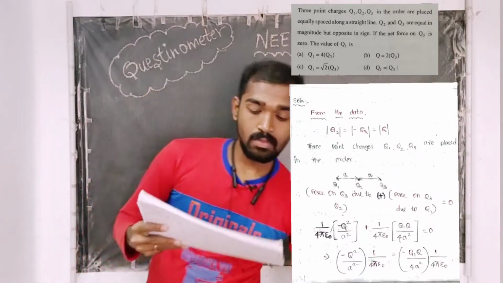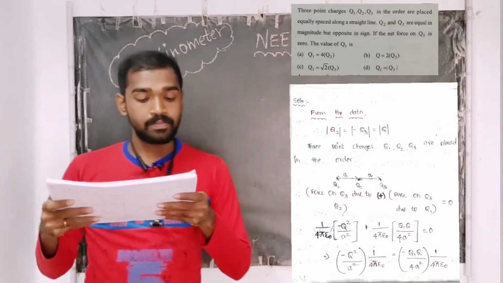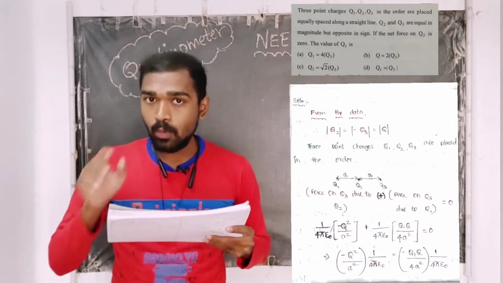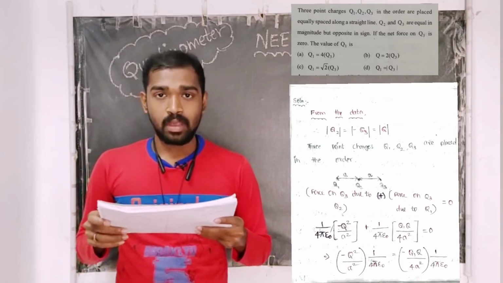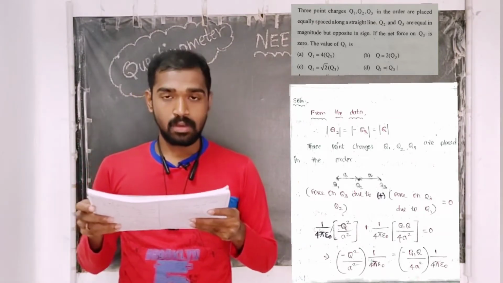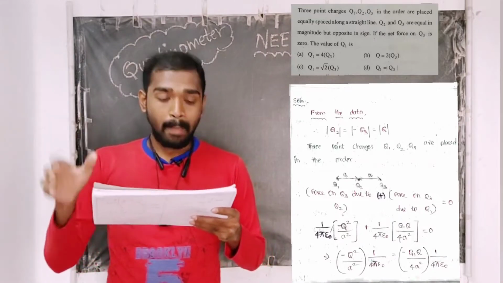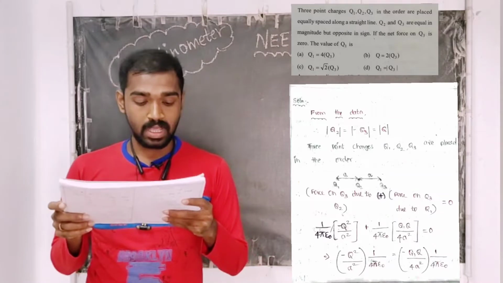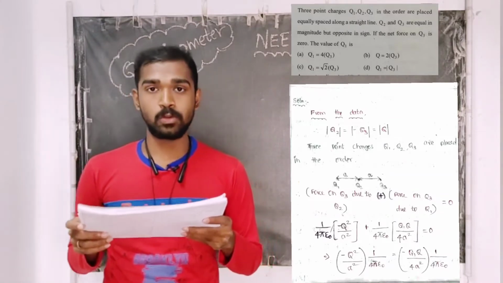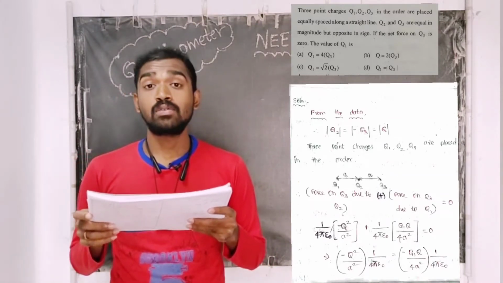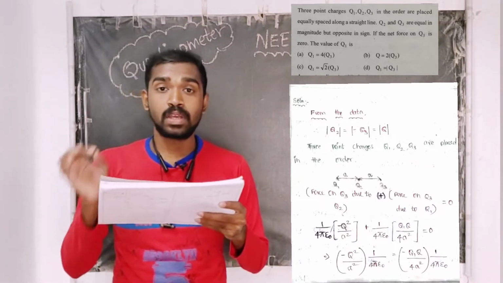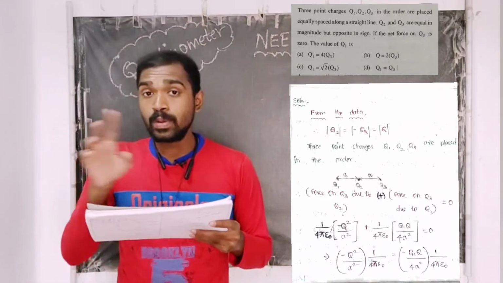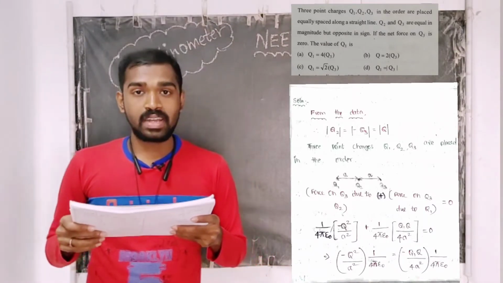Got it? Okay. According to the data, they have mentioned that Q2 and Q3 are equal in magnitude but opposite in sign. By the way, I have framed it in an easy way: the magnitude of Q2 is equal to the magnitude of Q3, which is equal to modulus Q, and I have specially mentioned that the sign of Q3 is minus, because Q2 and Q3 are equal in magnitude but opposite in sign, isn't it?